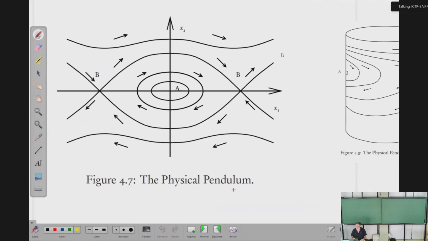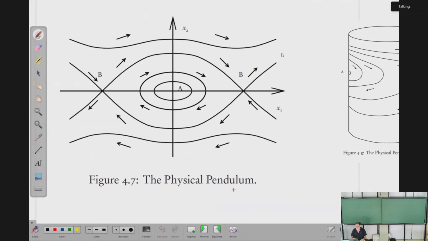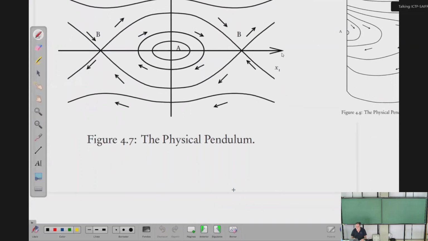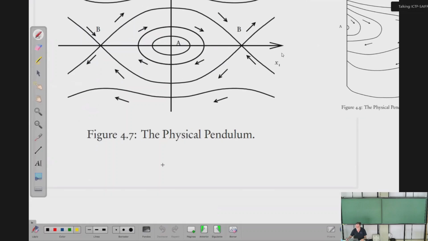So here I have a real physical example. This is a pendulum, the physical pendulum. We have a pendulum with a mass, and in some other position, the position of the pendulum is given by theta.